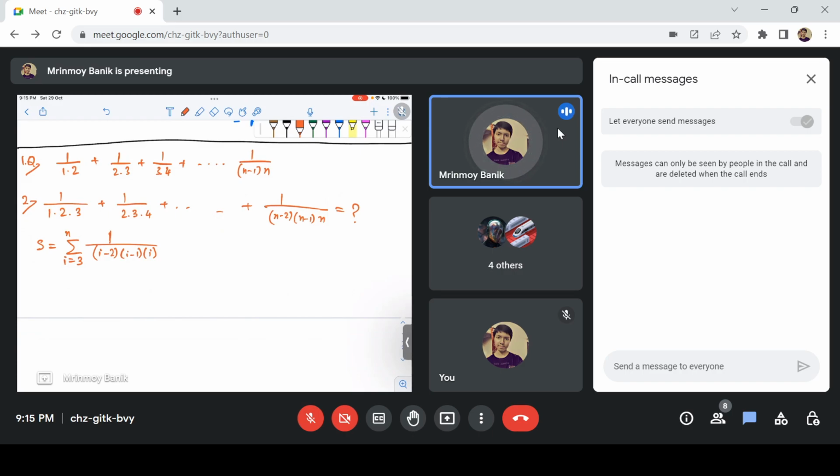Whenever you have this case, where the general term looks like some product of adjacent things on the numerator and some other product of adjacent things on the denominator, if the numerator is just some constant or is one, you will always be able to take that constant out of the summation.